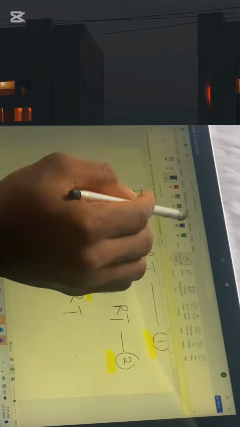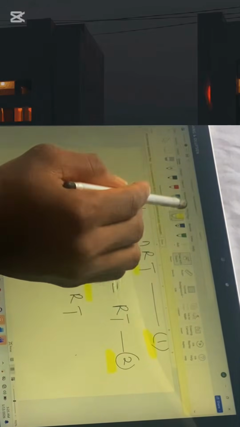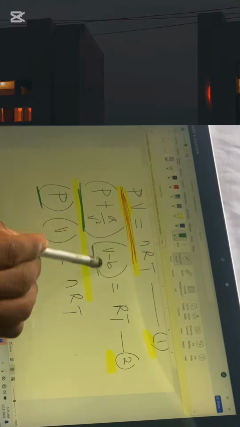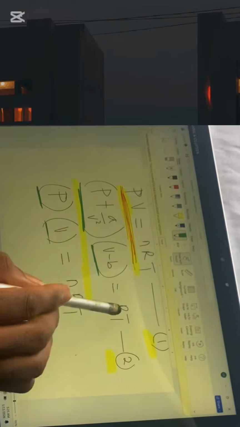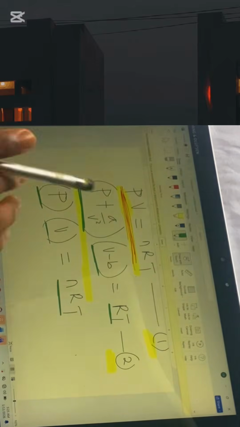Class, multiplication in mathematics is denoted by open and close brackets. So it means that this part belongs to this, and this part belongs to this. Now let's compare. In comparison, it means that this part is equal to this. That is the meaning of comparison. While this part is equal to this. That is the meaning of comparison, okay?